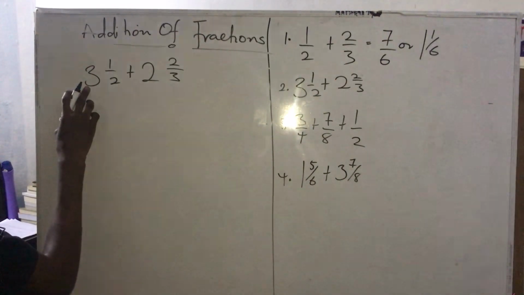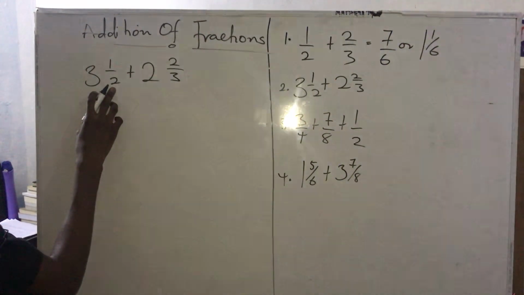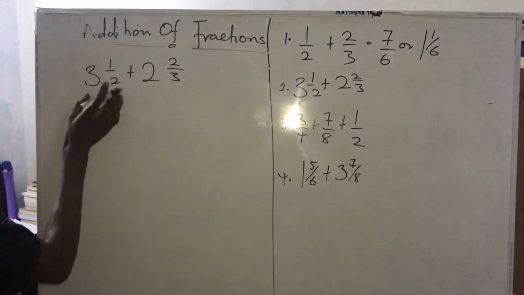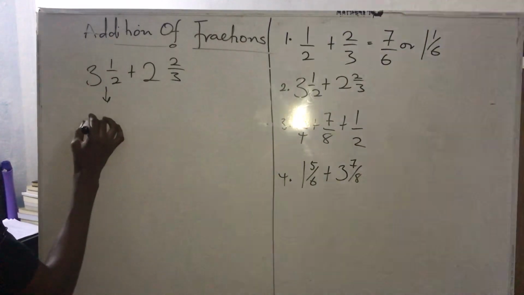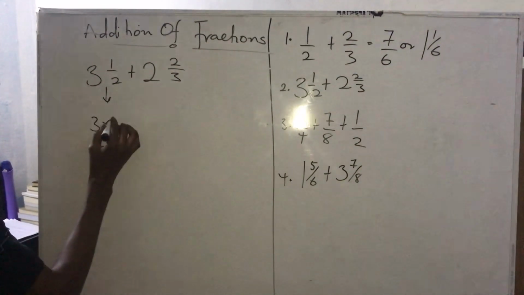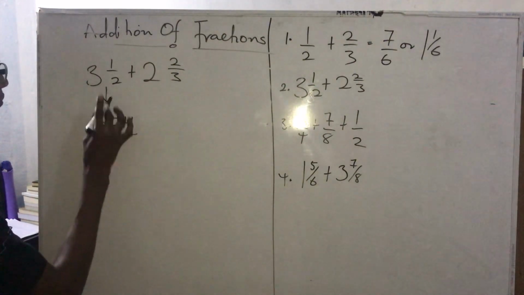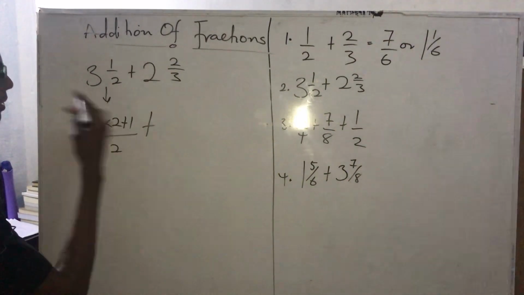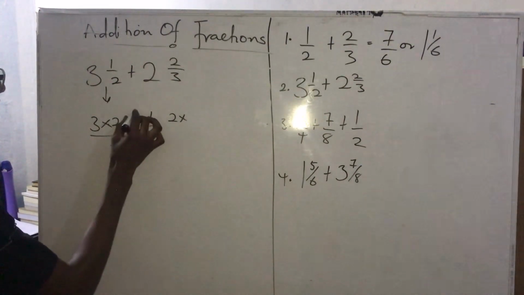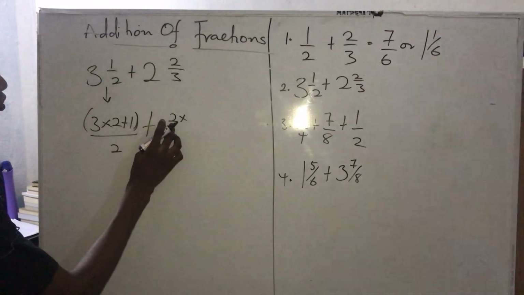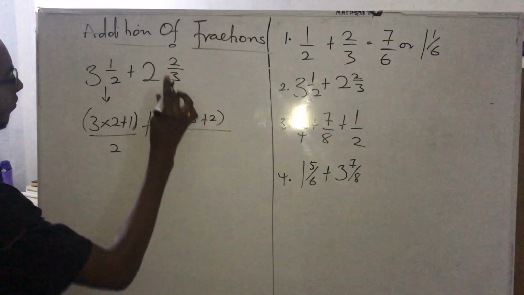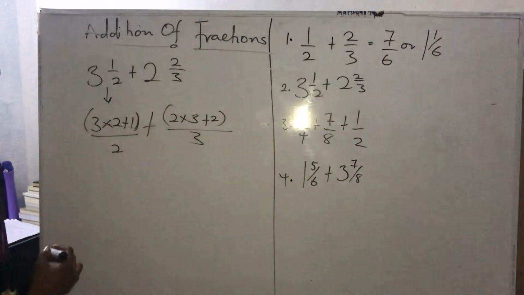So 3 multiplying 2 plus 1. We have 3 over here. We are changing this one, so this is going to be 3 times 2 plus 1 all over the denominator 2, plus 2 times 3 plus 2 over the denominator 3.